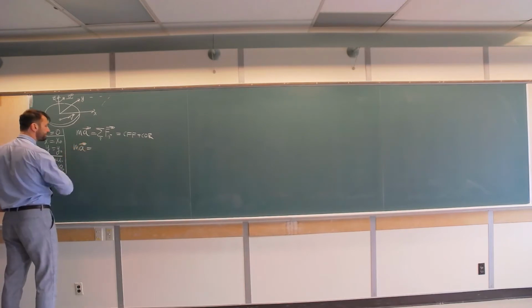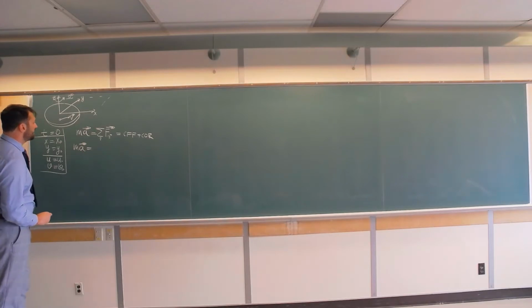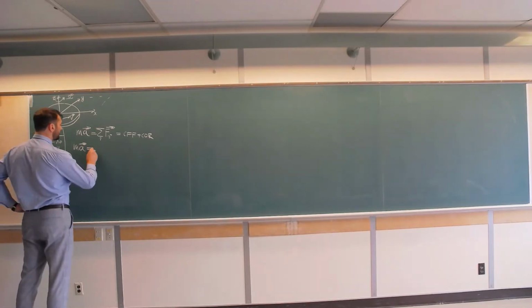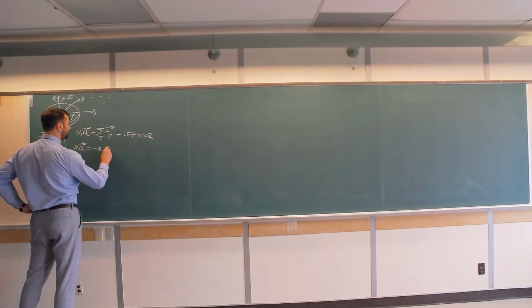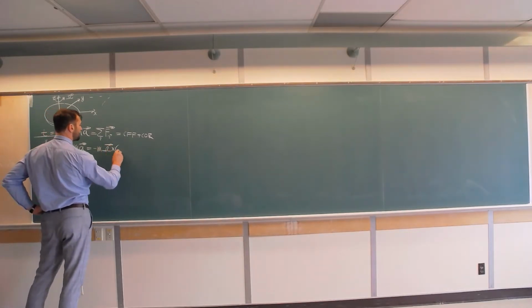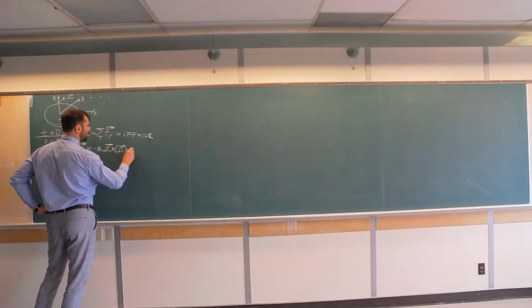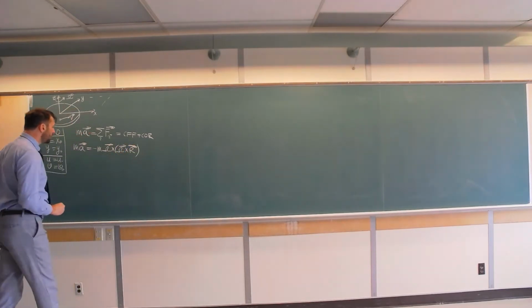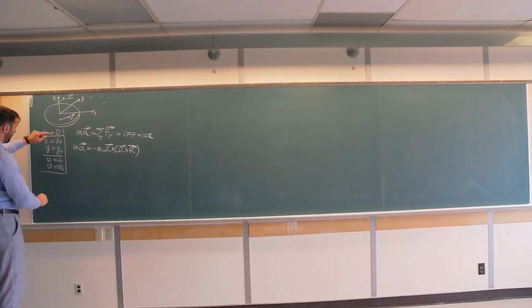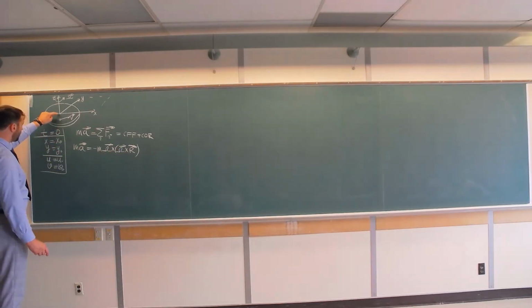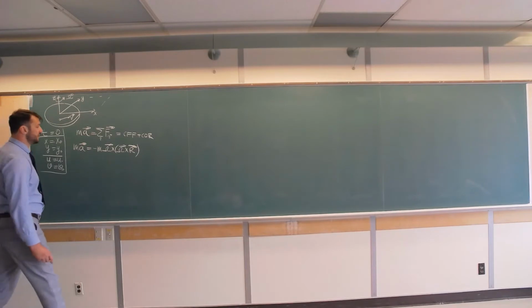Therefore, mass times acceleration, well, the centrifugal force we know is minus m, the mass of the particle, omega cross r, where omega is the angular velocity of the disk and r is the radius vector of this particle from the origin. And the origin is in the center of the disk.